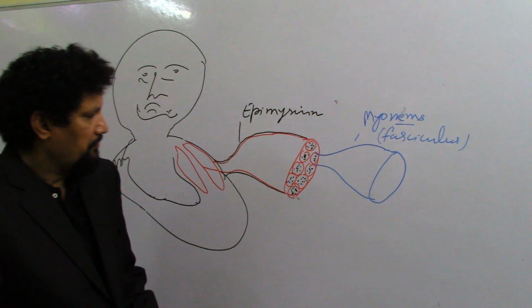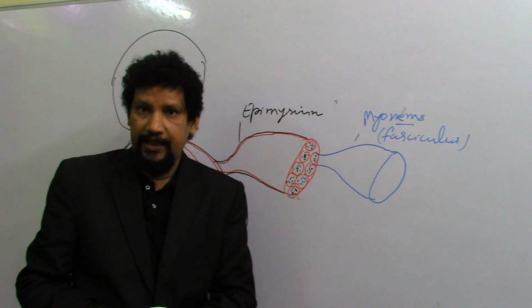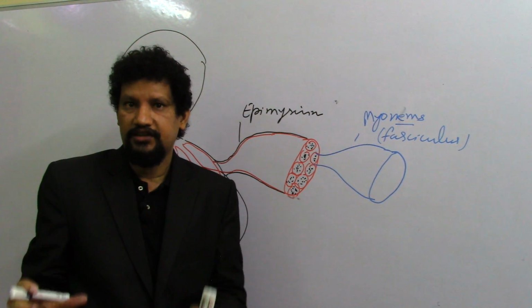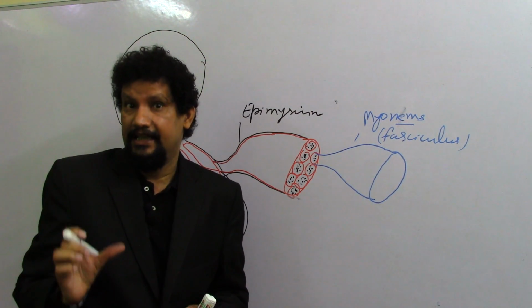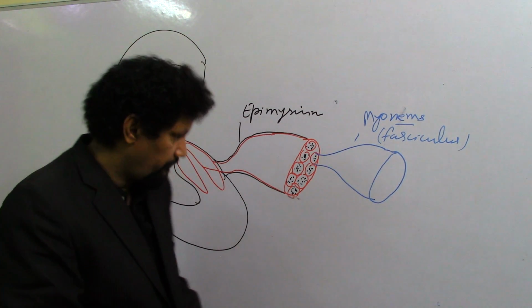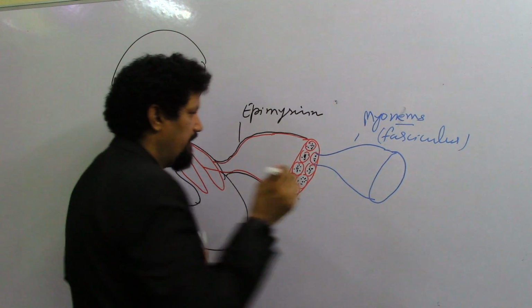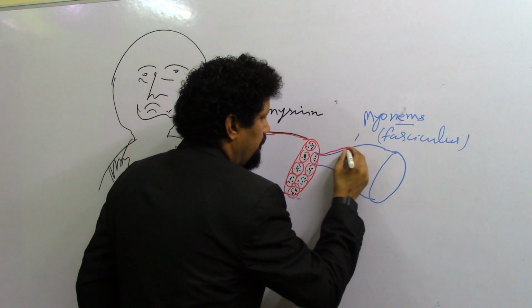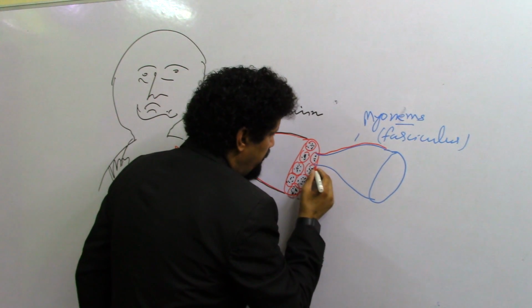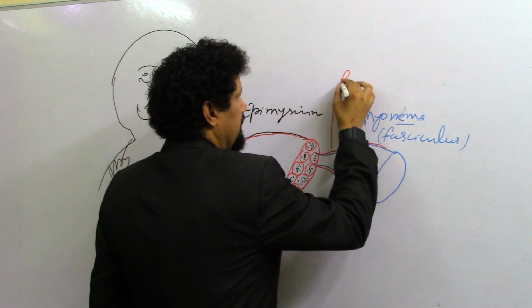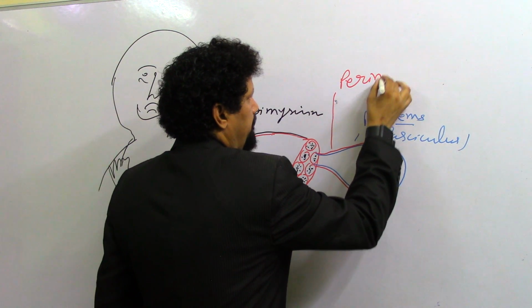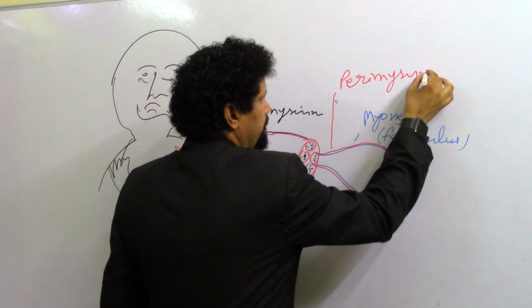This fasciculus or myoneme is covered by a coarse connective tissue layer known as perimysium.